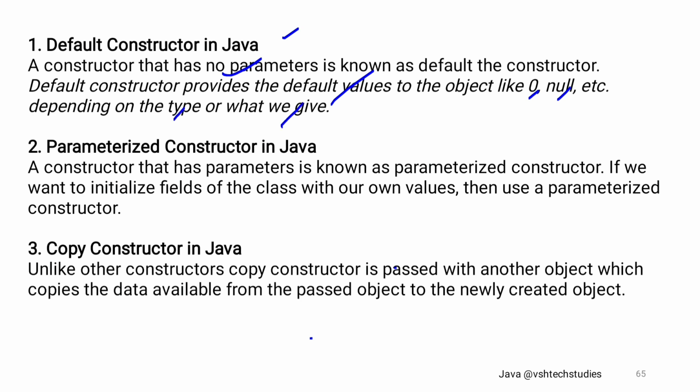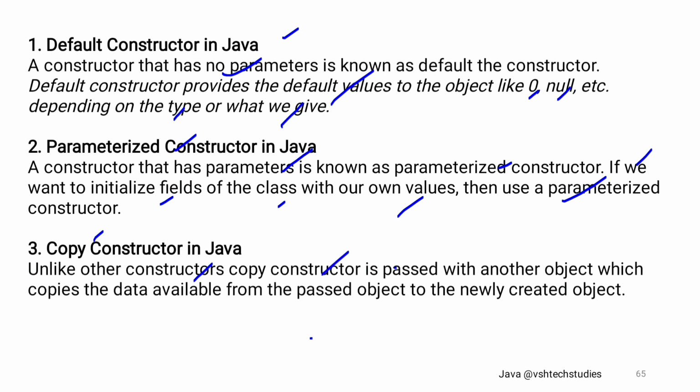Second one, parameterized constructor. The constructor, that method which has parameters, is called a parameterized constructor. If we want to initialize fields of the class with our own values, then we have to use a parameterized constructor.